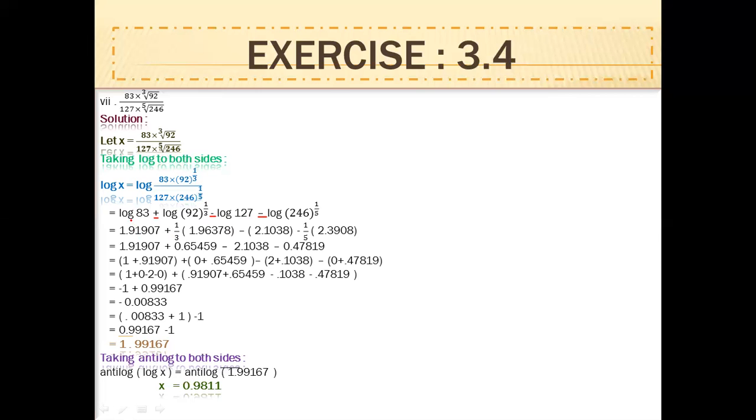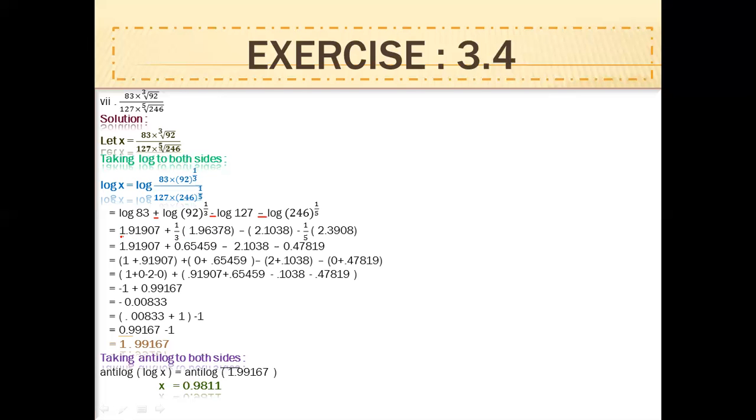In the next step, you will convert the power into the coefficients. Log x is equal to log 83 plus 1 by 3 log 92 minus log 127 minus 1 by 5 log 246. Now it is our turn to find the log of these numbers.